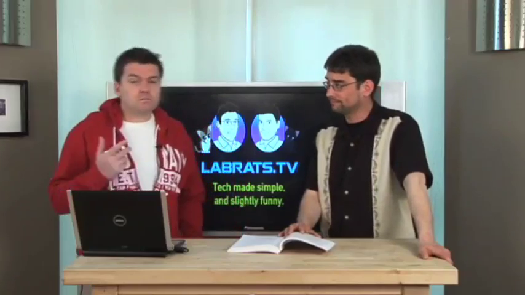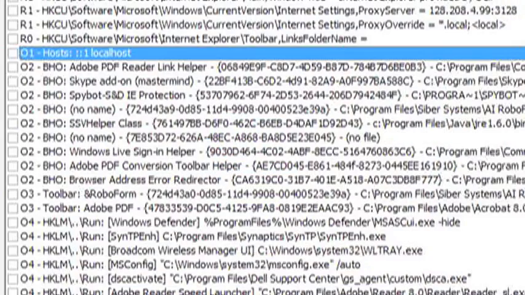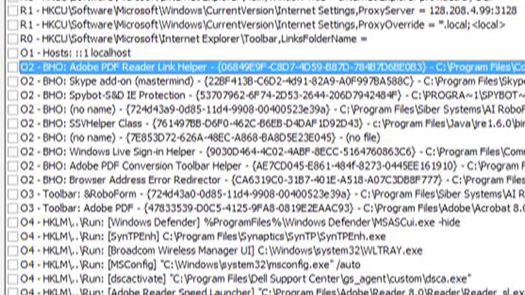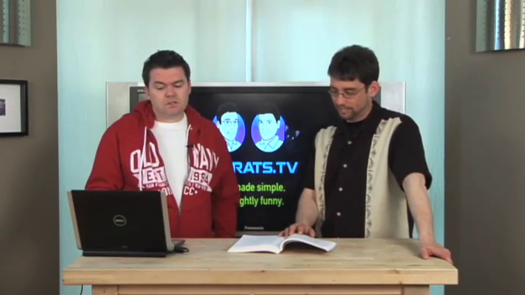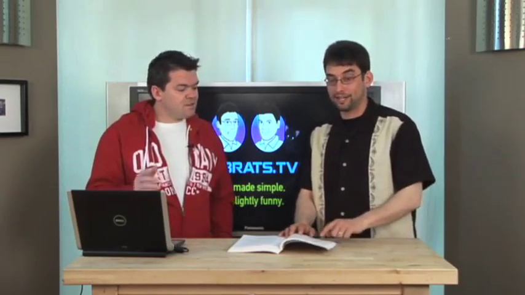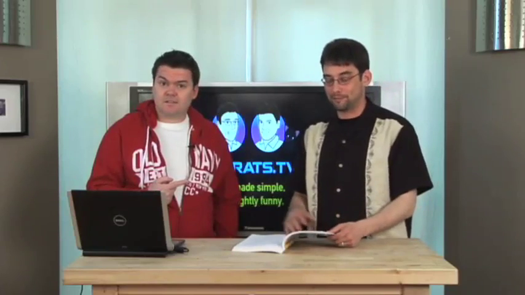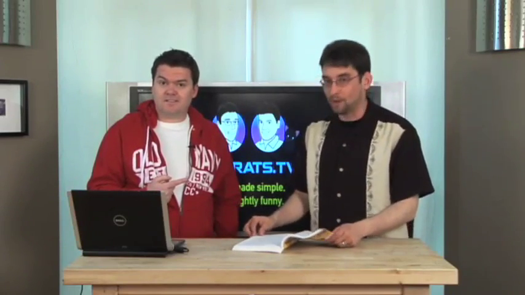Very good point, actually. Now, one of my favorite settings here, and where you're probably going to find the most infections, is in the O2 settings. And you'll notice here it says O2-BHO. Browser Helper Objects. I read that right here in the Absolute Beginner's Guide to Security, Spam, Spywares, and Browser Helper Objects.